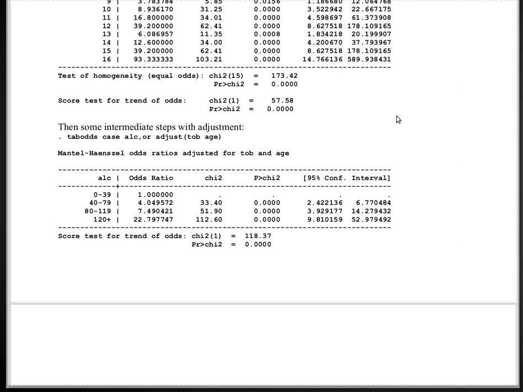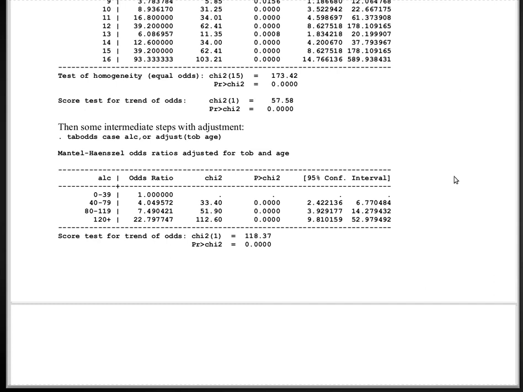The odds ratios here adjusted for tobacco consumption. Oh yeah, and also here what they did was they considered these odds ratios stratified on alcohol consumption but adjusted for tobacco and age. So there's quite a bit in play here.